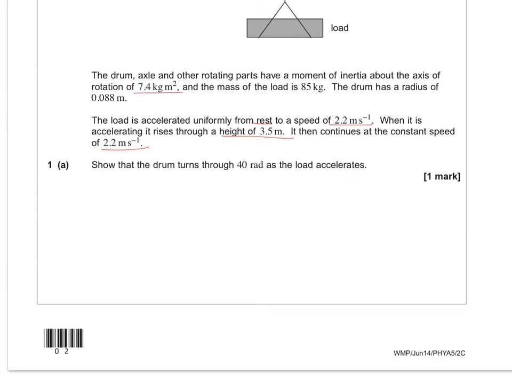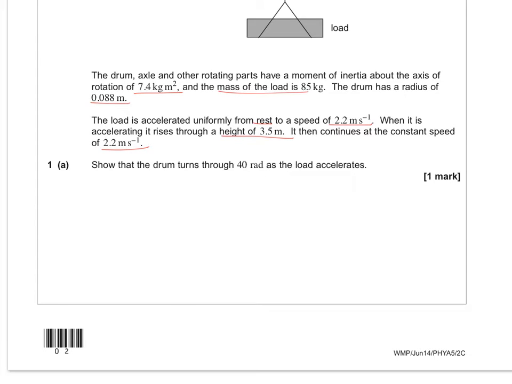We have I that's given up there. We've got the mass, or a weight force, and we've got a drum of radius 0.88. Okay, so if it's going to rise by a height of 3.5 meters, essentially the total rotation distance of the drum must also be 3.5.